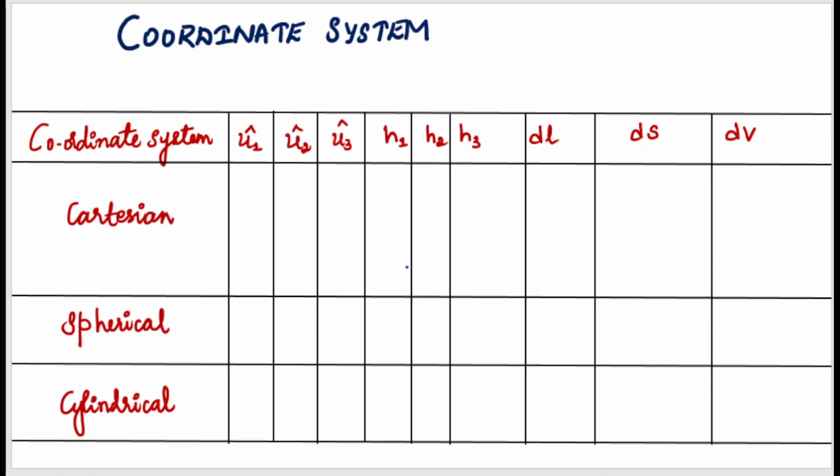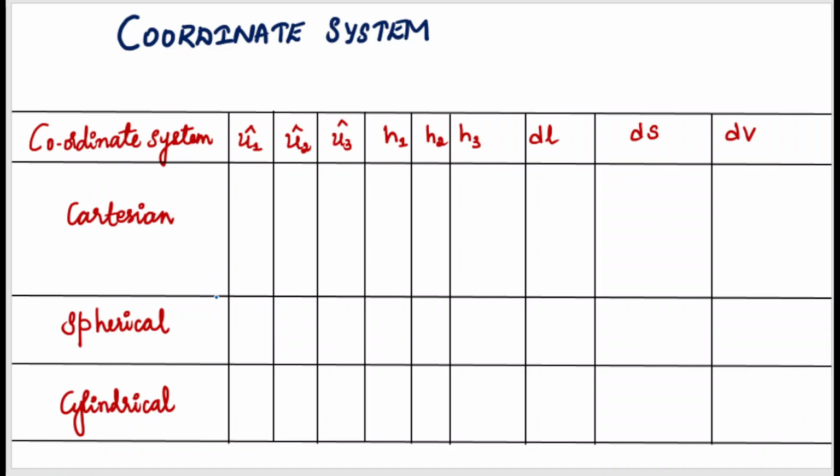So, what is the need of this table? The need of this table is to give a general formula for gradient, divergence, curl, and Laplacian. In the last video, I told you about the gradient, divergence, and curl only in terms of Cartesian coordinates, and we solved a few problems, right?